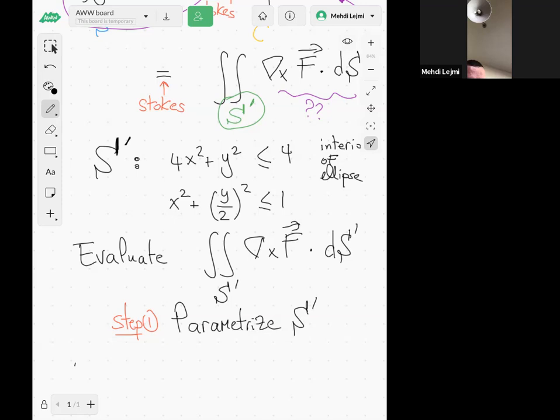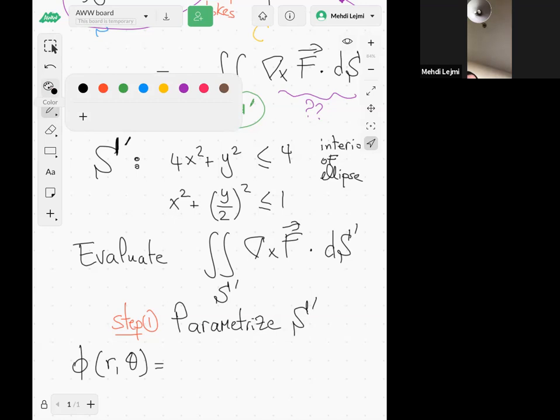So phi of r, theta. If you use polar coordinates, x would be r cosine of theta, and y over 2 is r sine of theta.